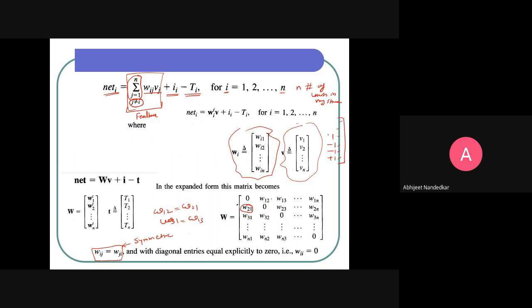The off-diagonal elements are of the same value: this will be the same, these two will be the same, these two will be the same, and so on. So this matrix is a symmetric matrix. The second important thing: the diagonal is 0. This is a typical case, intentionally done.